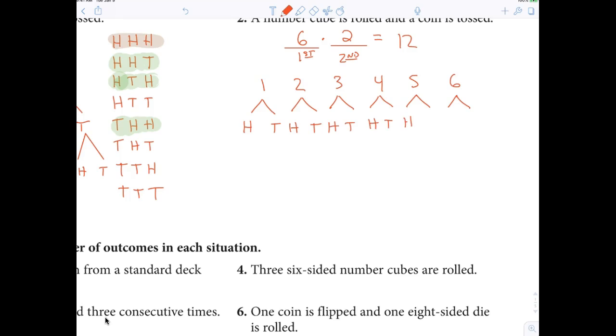and so on. Come on now, guys. That's really, really important. Everybody should have it in your mind. So now, if I had to write out all 12, you would simply say 1H, 1T, 2H, 2T, 3H, 3T, 4H, 4T, 5H, 5T, 6H, 6T.